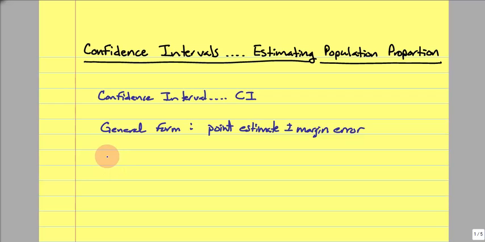Now let's go ahead and remember what point estimate means as well. The point estimate is a single value, so just one number. It's a single value that estimates the population value.